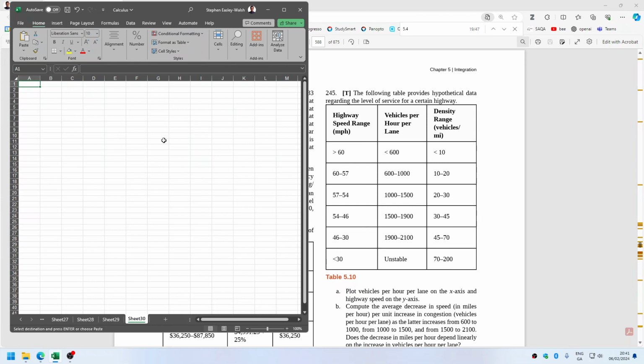But less than 600, so how do I plot that? I'll take the midpoint: 300, 800, 1250, 1700, 2000. And then on the y-axis, highway speed.